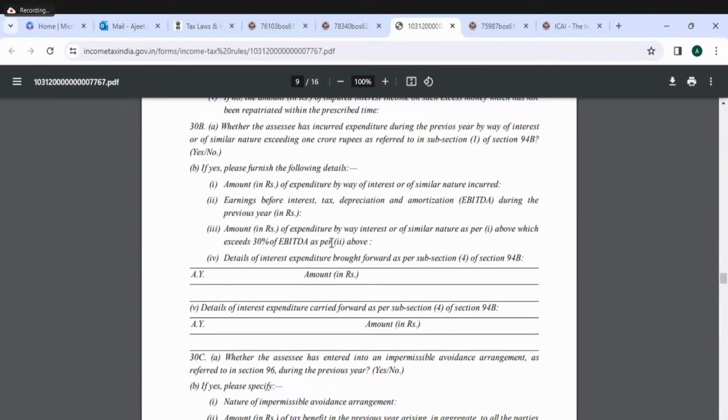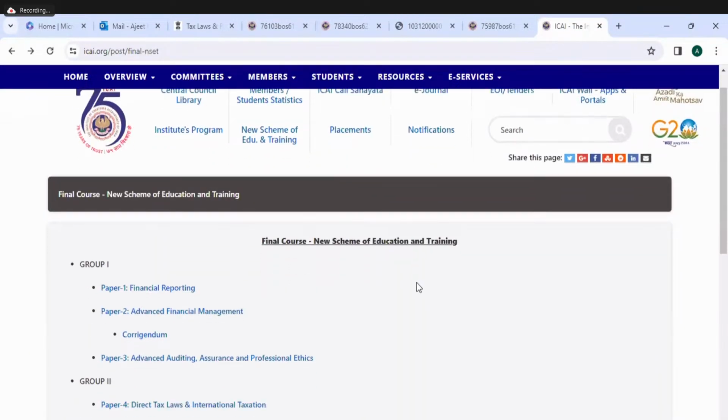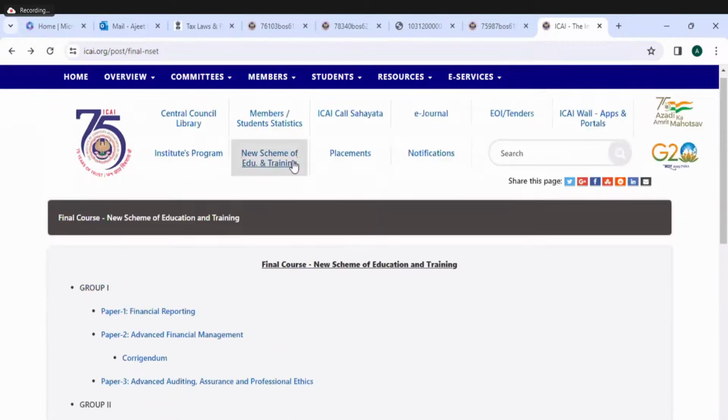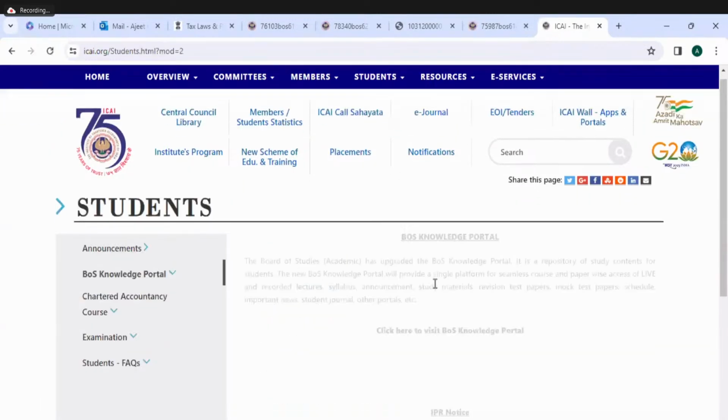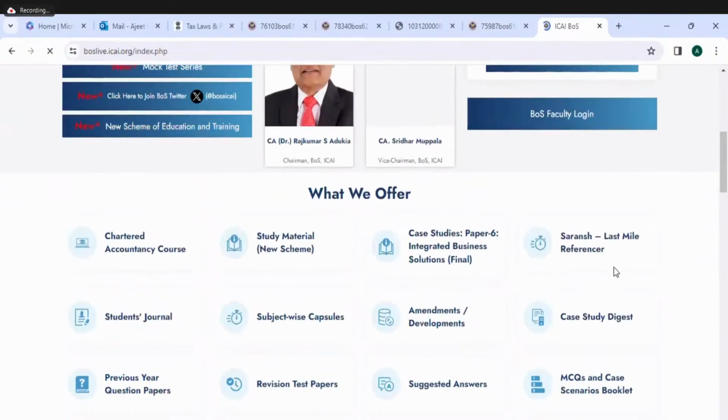Mansha, this form 3CD, you can get it from the income tax website, and the clause by clause discussion of the clauses which I am discussing is already given in your Paper 4, Direct Tax Laws and International Taxation. I'm just going to the website because Manisha has asked to upload this form 3CD. If you go to the student BOS knowledge portal, your study material is there for May 24 and November 24 examination.